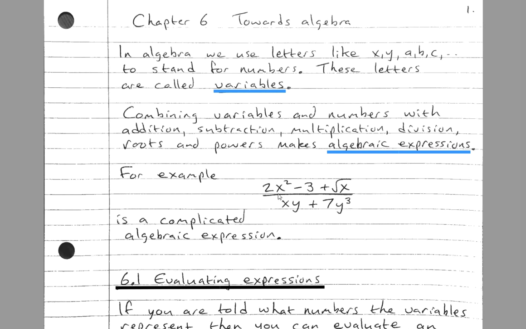Okay, so at the moment, this algebraic expression, we don't know what x and y are. They're variable, they could stand for any numbers. But then the idea is if I tell you what x is and what y is, then you can substitute those numbers and then work this out.